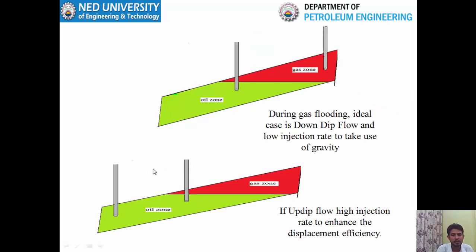So for example, you have only this up dip flow condition in the reservoir, which means the injection wells are located at the bottom section of the dip, and you only have the gas as injected fluid.